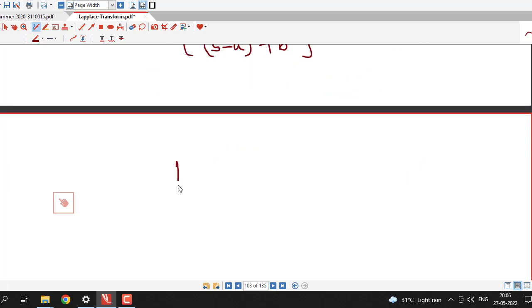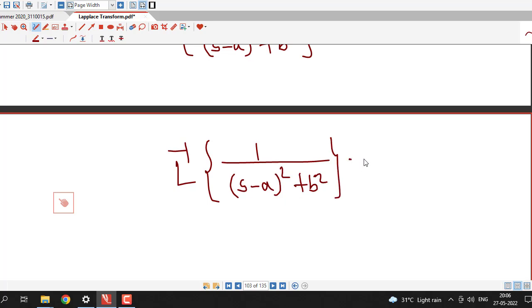And L inverse of 1 divided by (s minus a) square plus b square is equal to e raised to at sin bt divided by b.